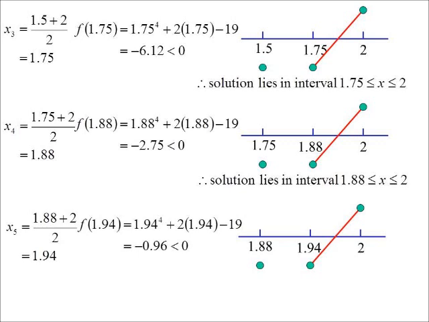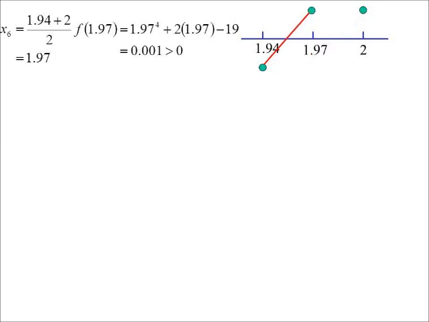So 1.94. Notice I only bothered doing it to 2 decimal places there. So 1.94, no. Sub it in, and I know we're in between 1.94 and 2. Let's try again. 1.97. Ooh, look at that, 0.001. Don't let the answer fool you.